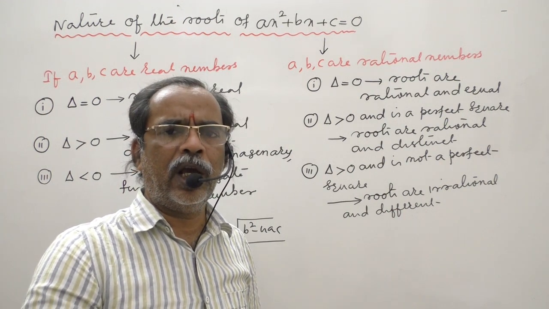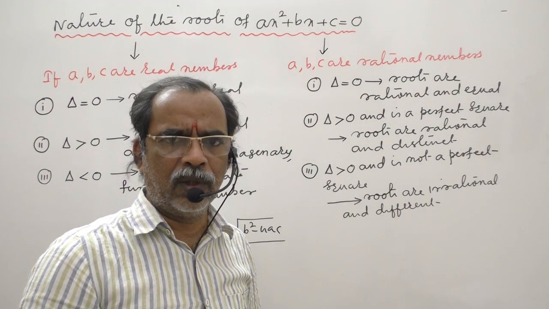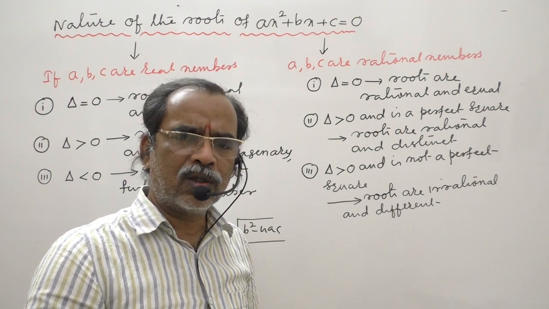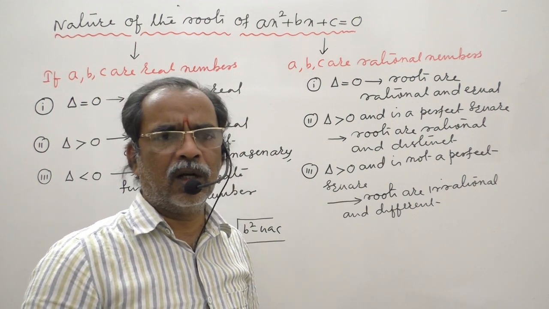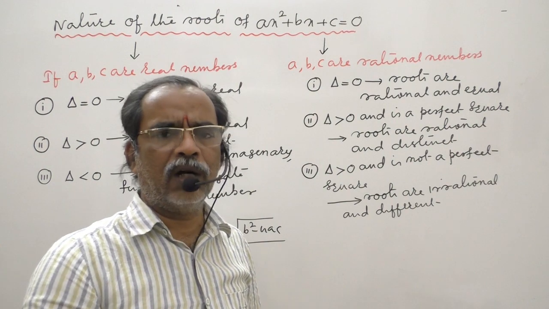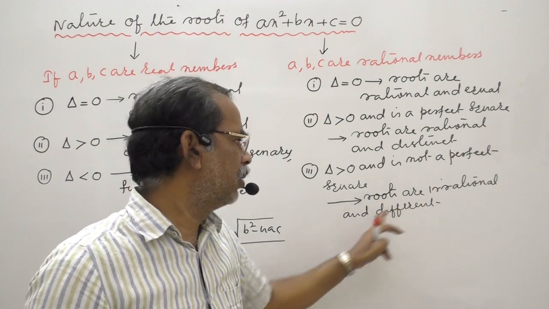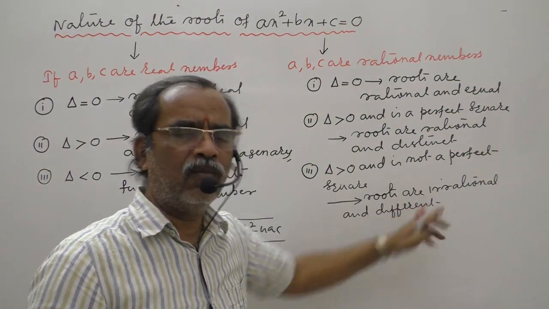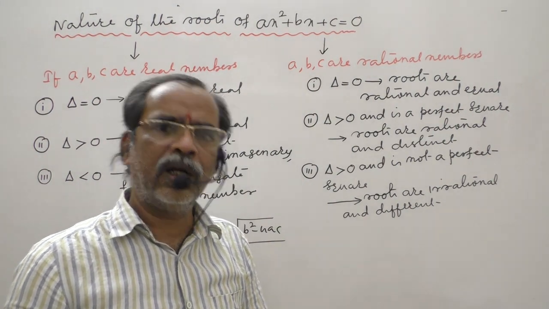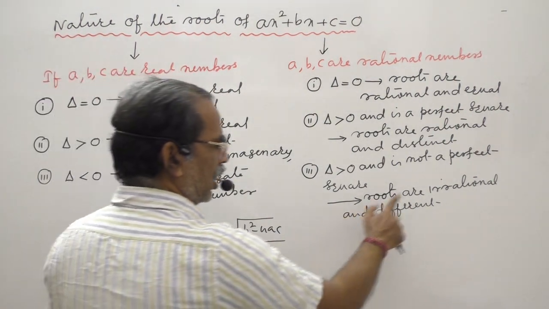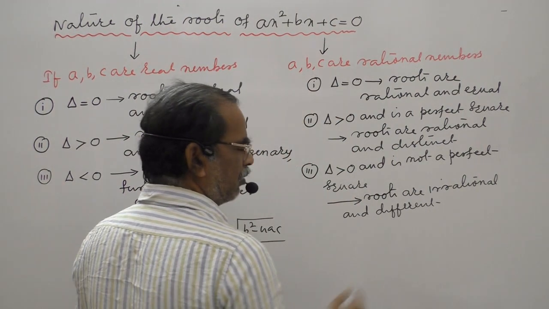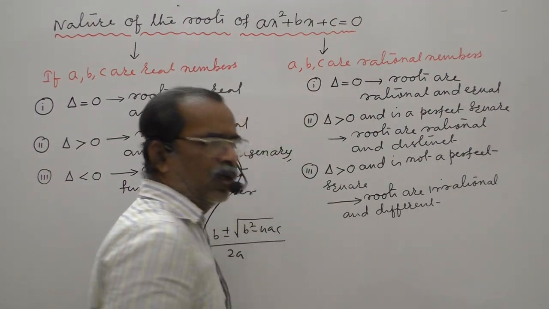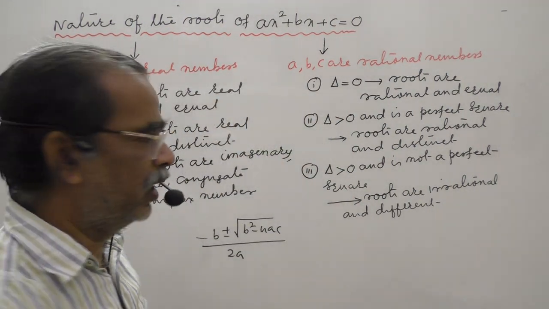For example, a plus root b is a number, and a minus root b is another irrational number, which is the conjugate of that. So when irrational roots are there, they also occur in conjugates. So roots are irrational and different. Of course, you can write here that they are conjugates.